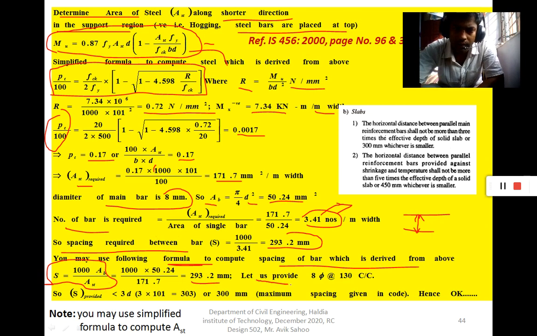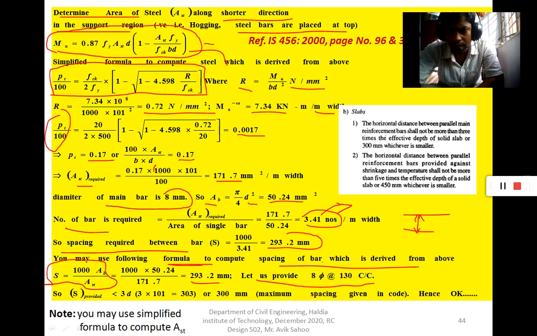Let us provide 8 phi at the rate of 130 center to center. Although this spacing comes out larger, we provide 130 center to center at top.